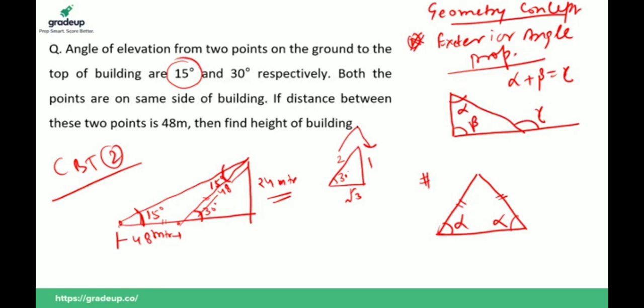Yes, Prati. Please try to understand. Sum of this and this would be equal to this. If this is 15, then this will also be 15. Okay, Avinash. Naresh, I will explain all the theorems in the geometry chapter. And I'm explaining here the theorems which are related to this question only.